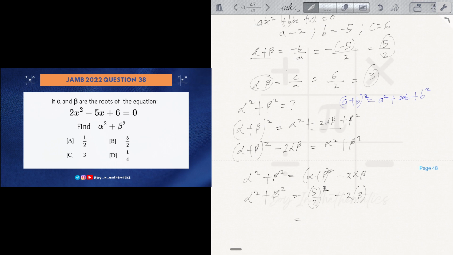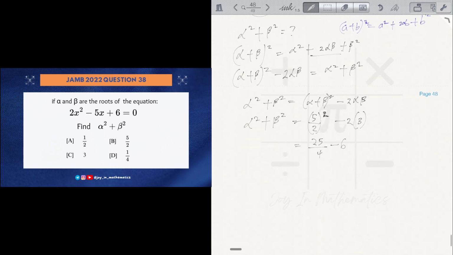So this will give us 25 divided by 4 minus 6. Let's find the LCM, which is 4. This will give us 25 and this will give us 24. And this will give us 1 over 4, which is option D. So alpha squared plus beta squared is equal to 1 over 4.